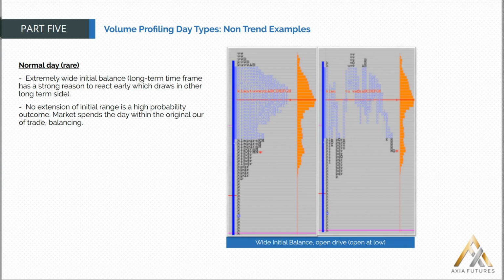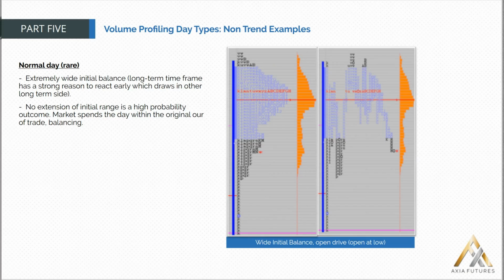Now, the easy way to identify this is to make sure that you track the range of the initial balance every single day. If on average you find that it's roughly 10 to 15 points, the day you have a 30 or 40 or more point range, you know there's a high probability we are going to get a normal day type.